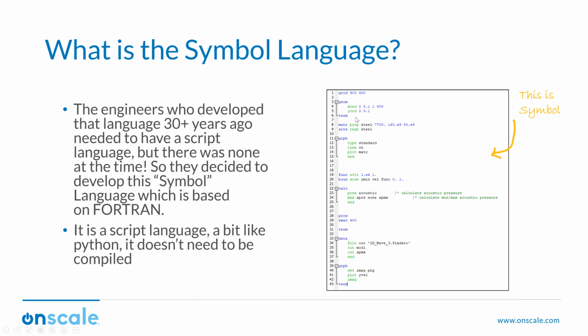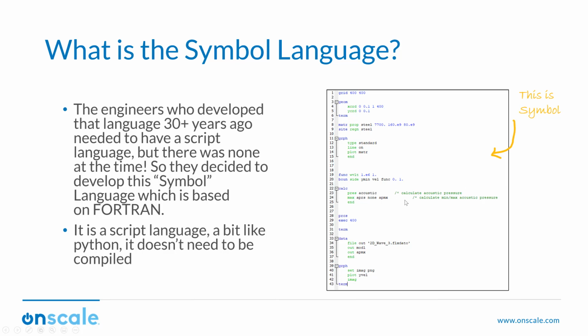If you are working with the geom command, you'll find that it has a subcommand called xcrd, like x coordinate, which helps you define the coordinates. Blue ones are called commands, green ones are called subcommands, and then you have comments, the ones in a profound green color.